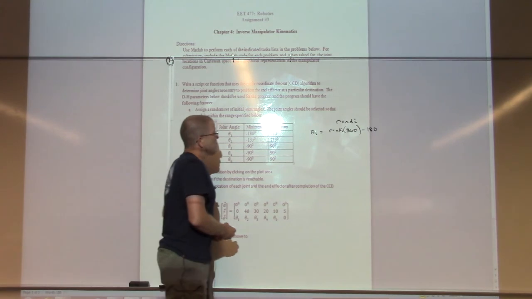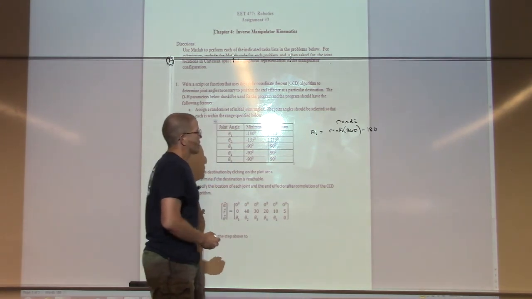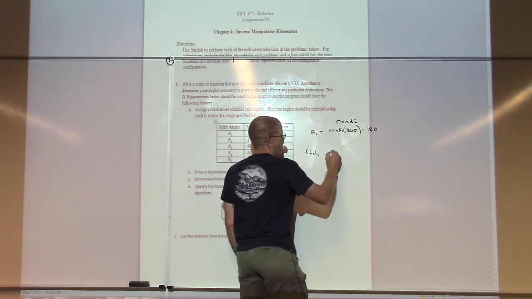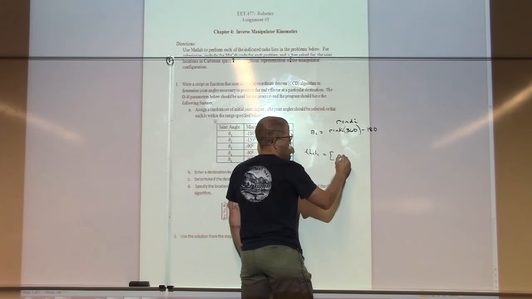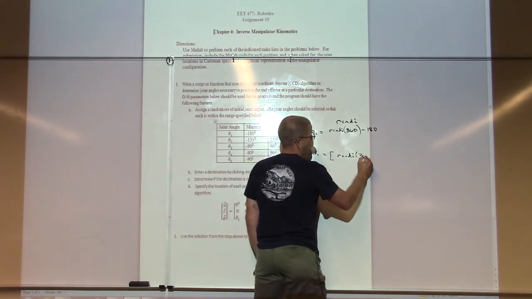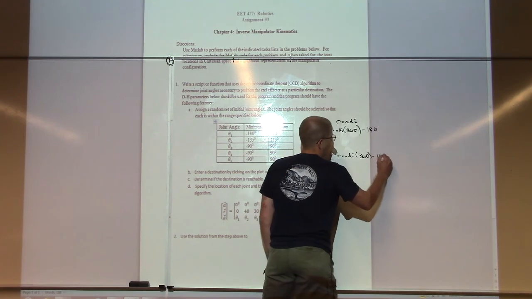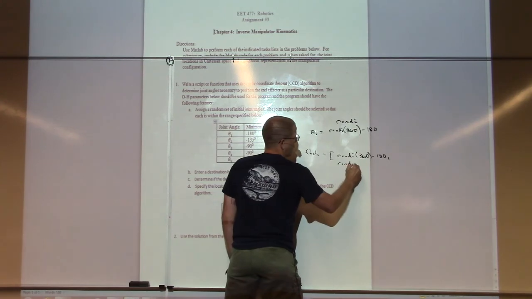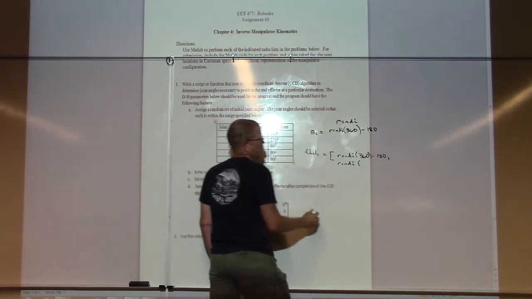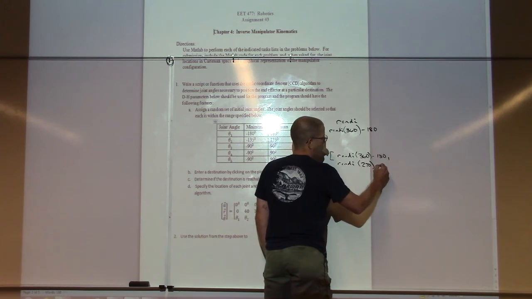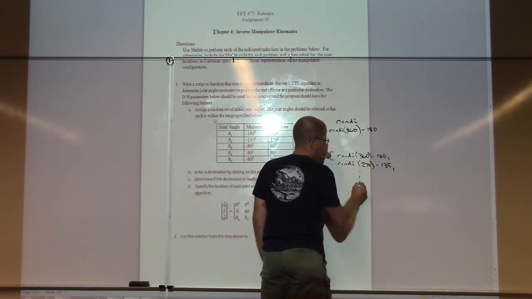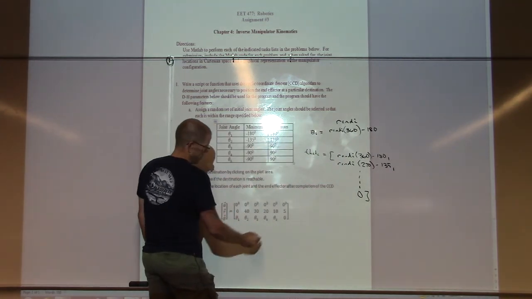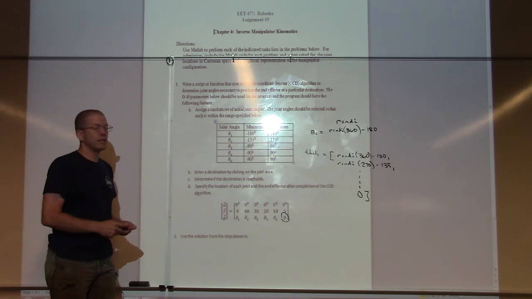Okay. Now, when I set this up on the homework assignment, what I did was I said that theta, as expressed as a vector, was equal to randi 360 minus 180, and then randi, that's a 270 degree interval, minus 135, and then 0, because our last theta angle is 0.